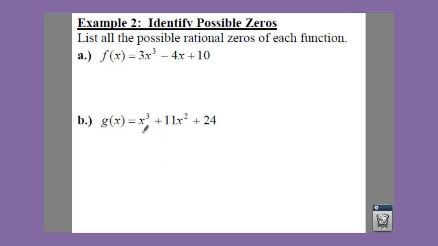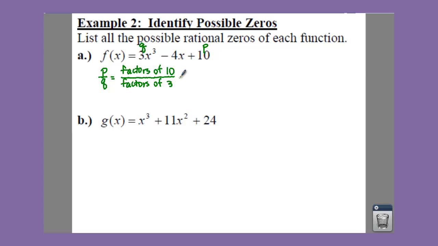So for example 2, we have to list all of our possible rational zeros for our function. We have 10 as our P and 3 as Q. If we list our possible zeros, P is our factors of 10, and Q is our factors of 3.